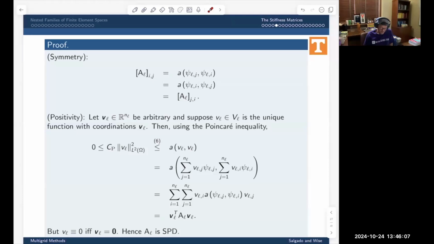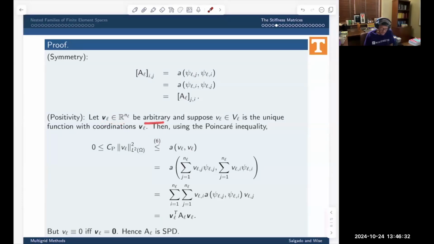What about positivity? Positivity, we have to show that anytime we do a computation like that, v_L transpose A_L v_L, we get something which is strictly greater than 0. But let's not worry about that for a moment. Suppose that we just have an arbitrary v_L. All right, so that's a vector.